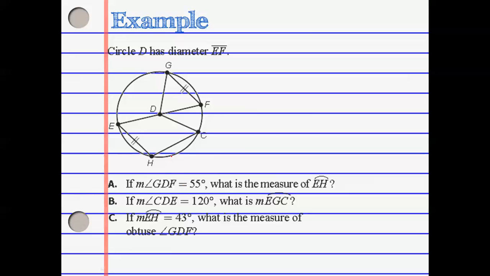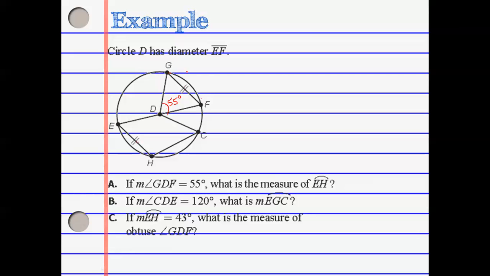All right, on this one, it says if the measure of angle GDF is 55 degrees, what is the measure of arc EH? If we notice here, see how we have these two chords right here that are congruent?